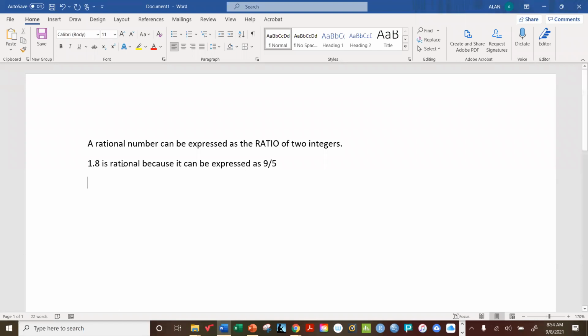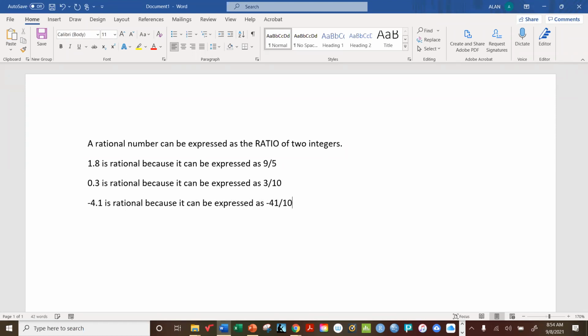Let's say 0.3 is rational because it can be expressed as 3/10. Negative 4.1 is rational because it can be expressed as negative 41/10.